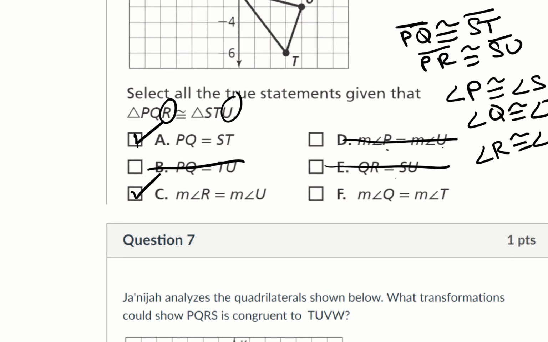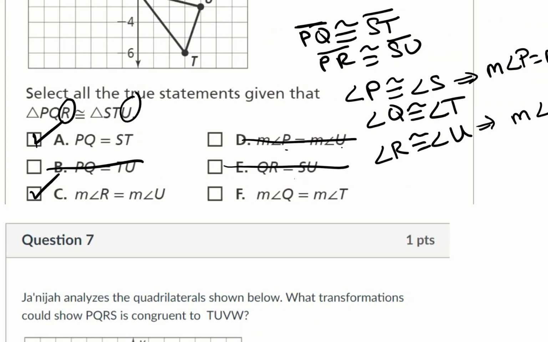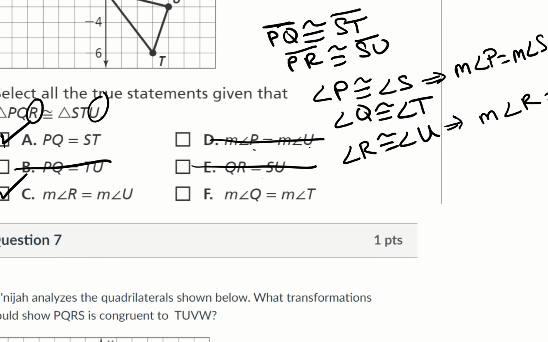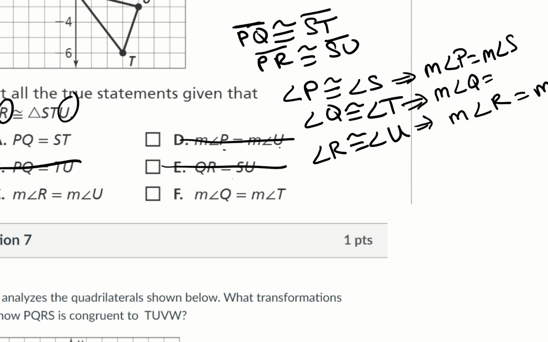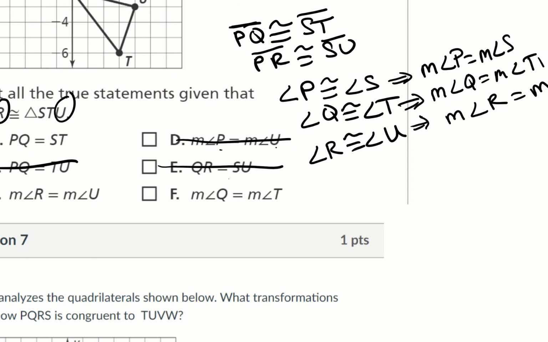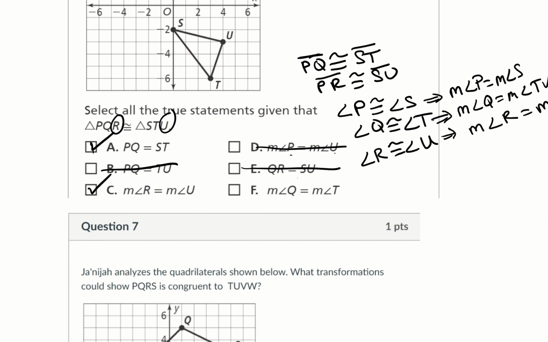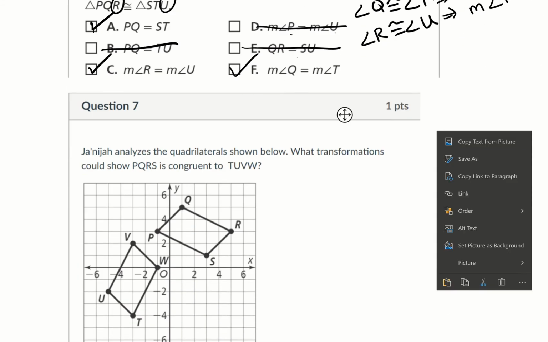And the measure of angle Q is equal to the measure of angle T. That's actually true if you look at the statement. So it looks like we have A, C, and F for the correct statements.